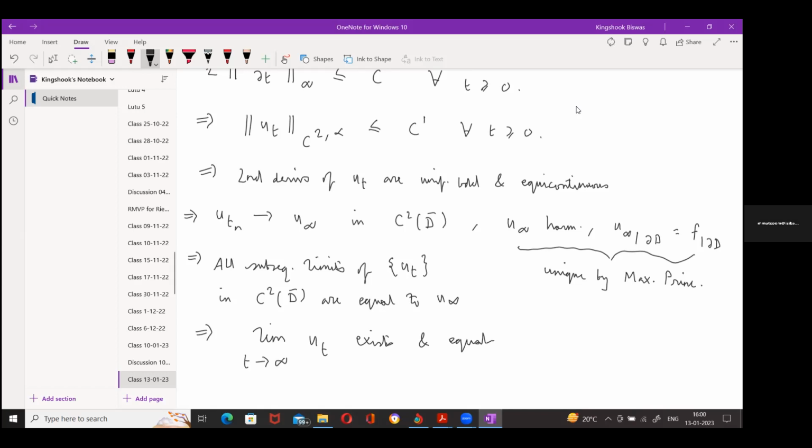So that's a sketch of the proof of the convergence of the solution of the heat equation to a harmonic function with the given boundary values. Does this make sense?